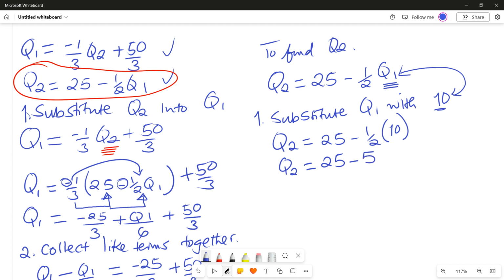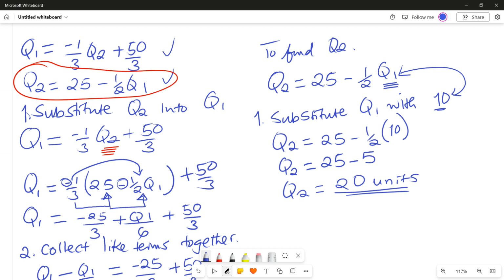You can still use the calculator, that's fine. So our Q2 will be the difference between 25 and 5, which is 20 units. Therefore, this firm can produce 10 units from plant number 1 and 20 units from plant number 2.